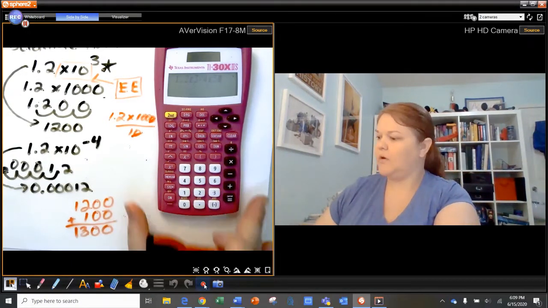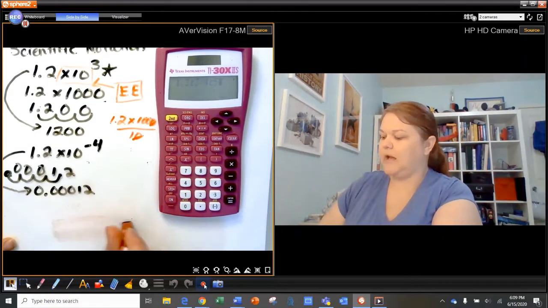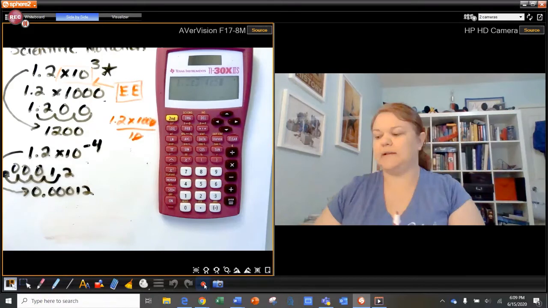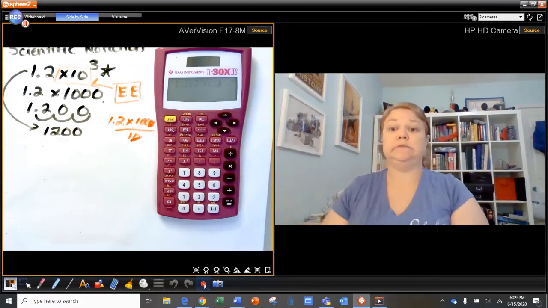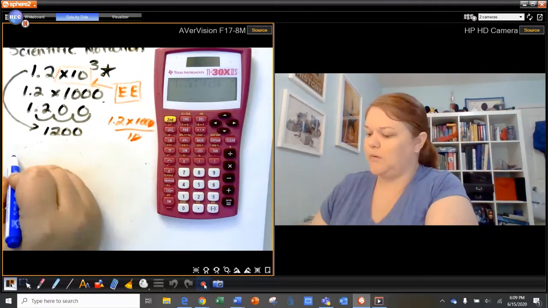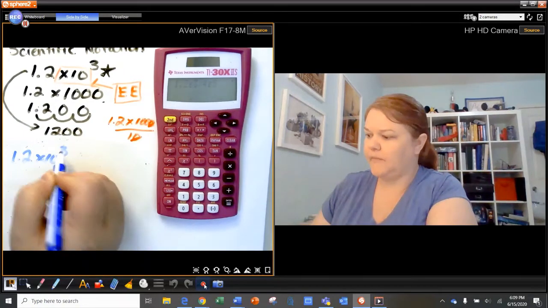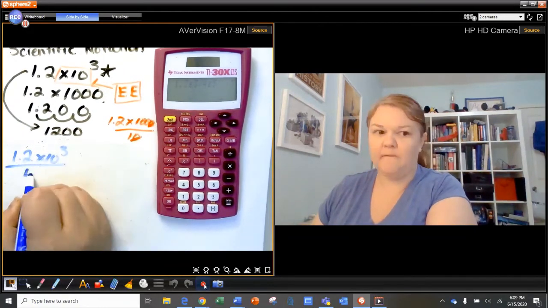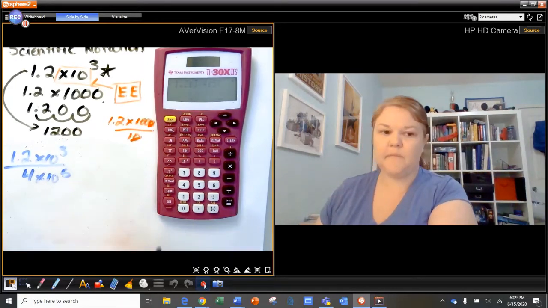I'm going to write that down just so we have this, because I'm going to show you guys what happens when we don't put it in scientific notation. Not good things. So we're doing 1.2 times 10 to the third, and we're dividing it by 4 times 10 to the 5th. So 4e5.